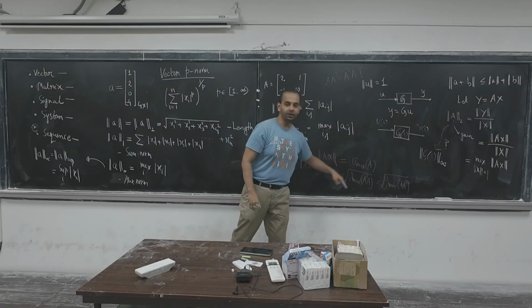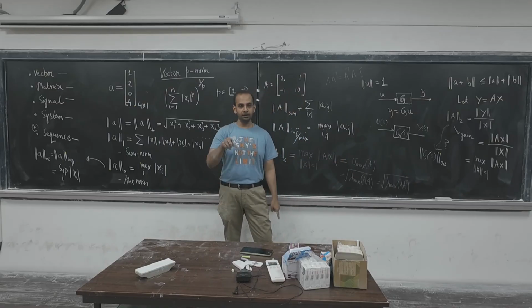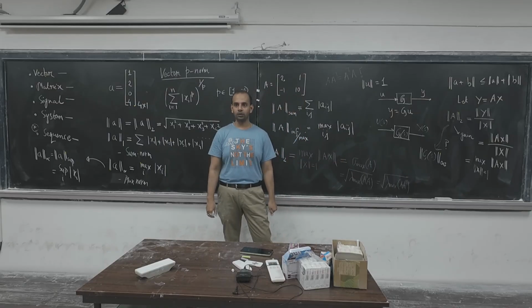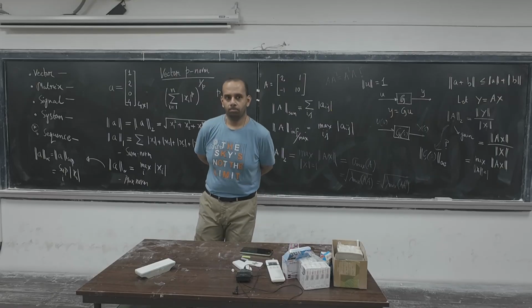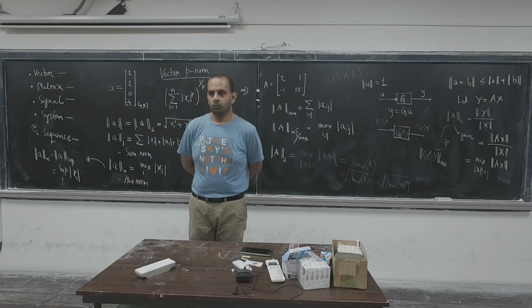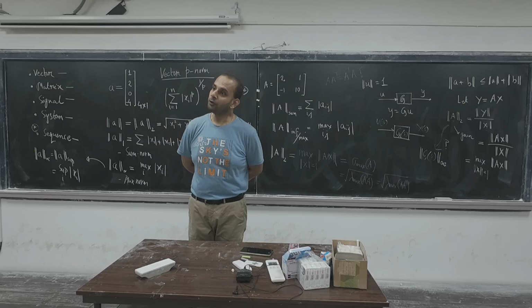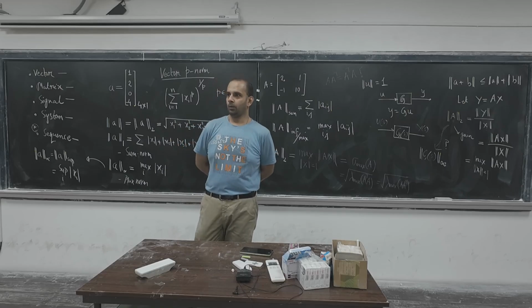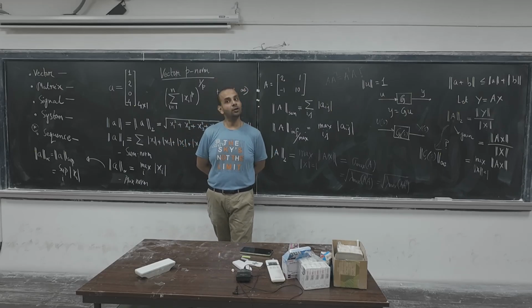So suppose A is non-square, then A transpose A and A A transpose are not the same, right? But they have one unique relation, or some of the features are common. What are they? The non-zero eigenvalues will remain the same, because the number of zero eigenvalues will be different.